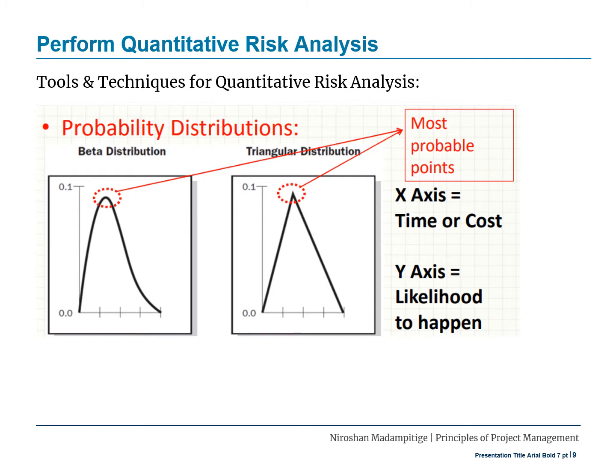So if you look at the figure, the x-axis represents time or cost, and the y-axis represents likelihood to happen. If you look at the highlighted sections, they indicate the most probable points where these risks can occur.